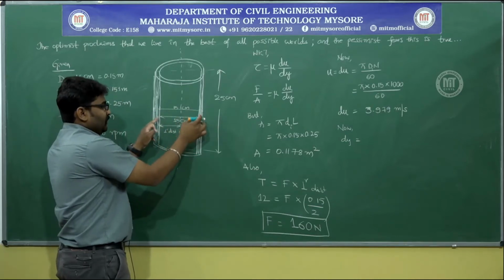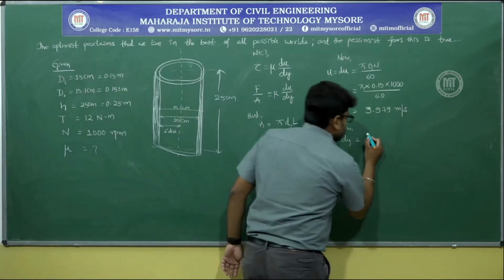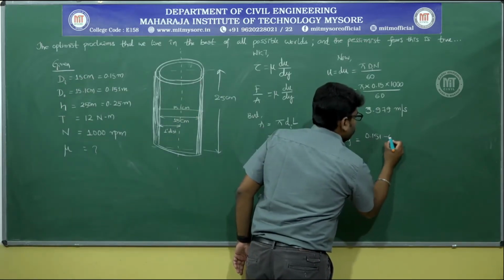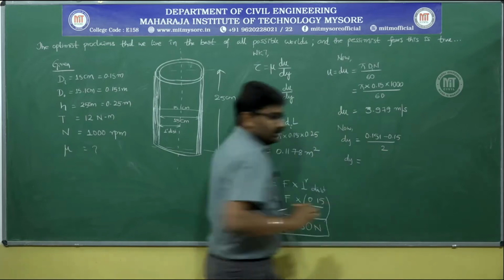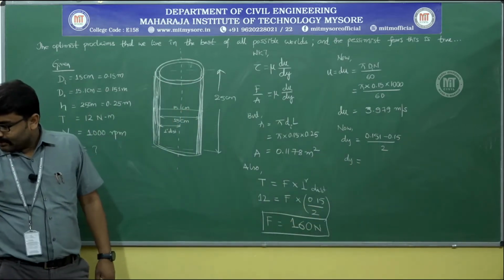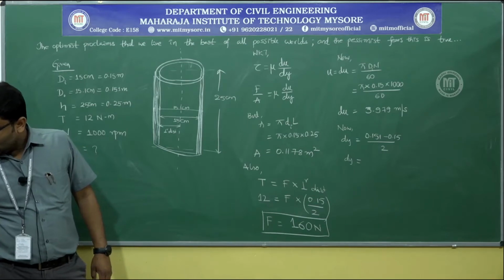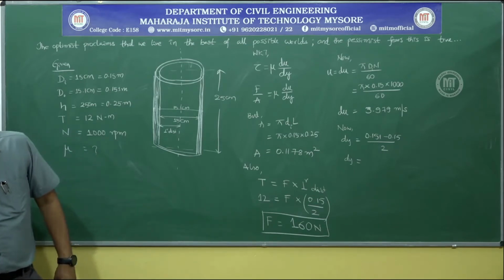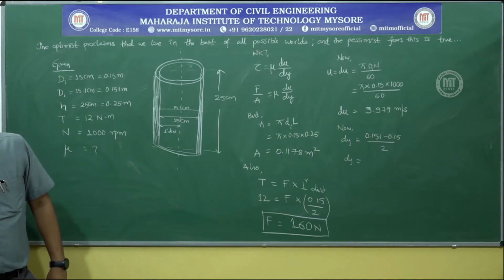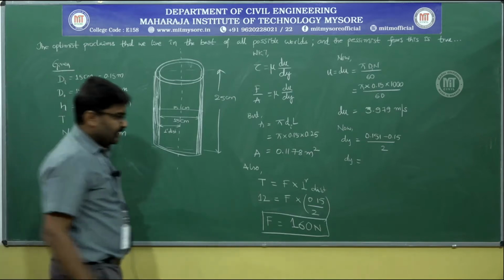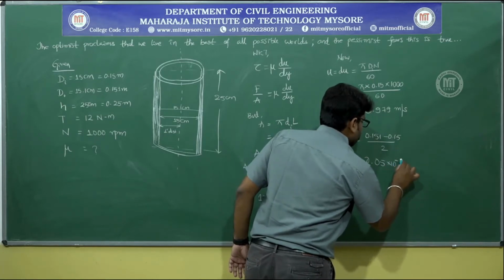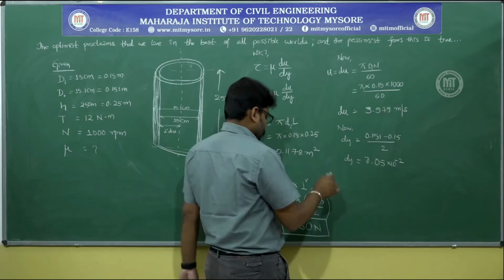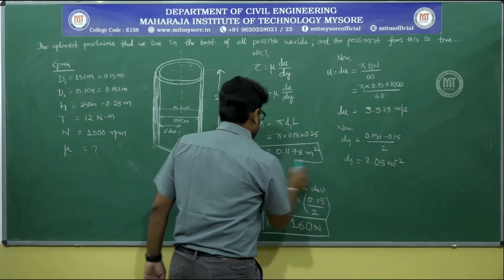So, it is 0.151 minus 0.15 divided by 2 in meters. So, you will get dy as 0.05 into 10 power minus 2.